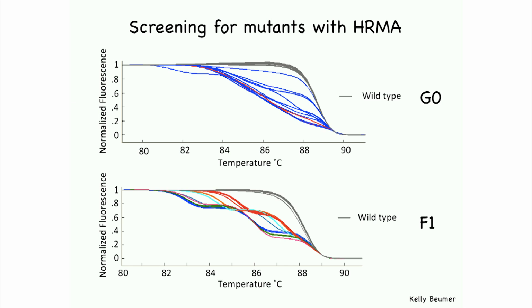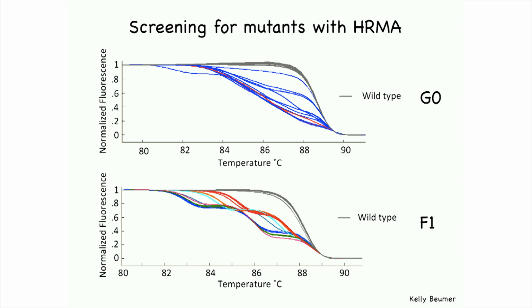And these are some data from Kelly Bumer in my lab, just showing that evaluating individual flies from the initial injection and comparing them to wild type, we see a lot of these individual flies carry mutations that are detectable by HRMA.